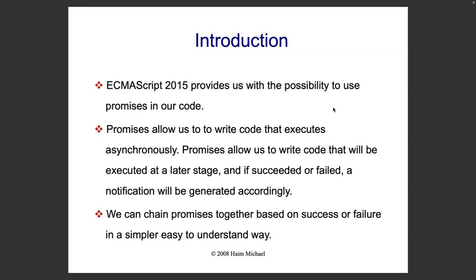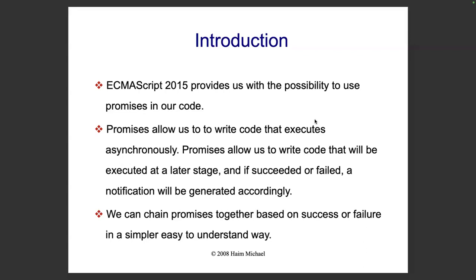So till ECMAScript 2015, we used to do it using callback functions. We called a function, we passed over another function, that other function was a callback function. So that when the asynchronous execution, calculation, computation completed, that callback function we passed over was simply invoked, and in many cases, the result was sent to that callback function.